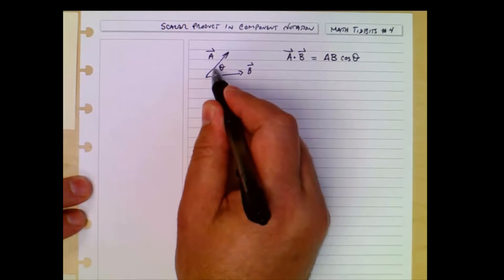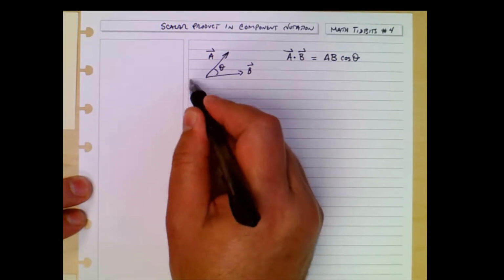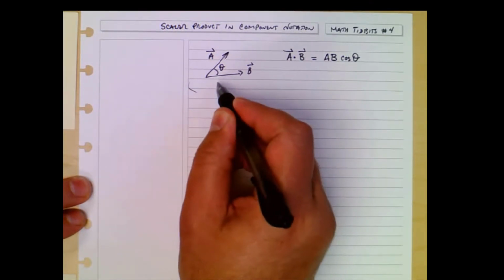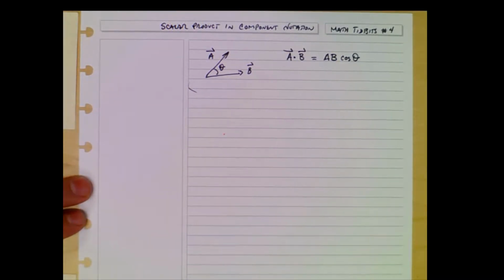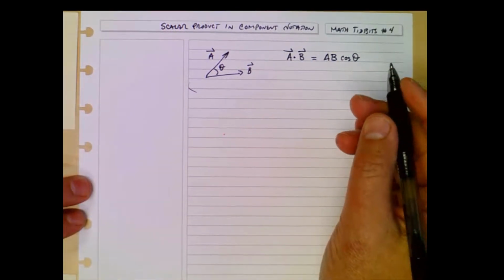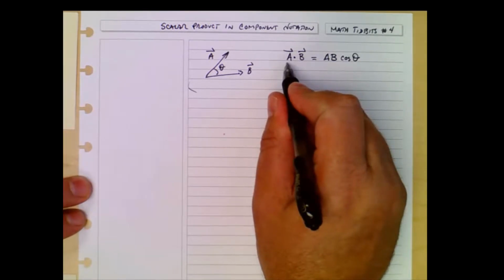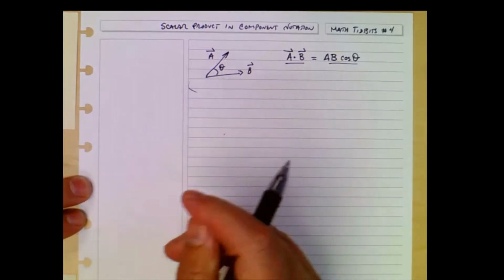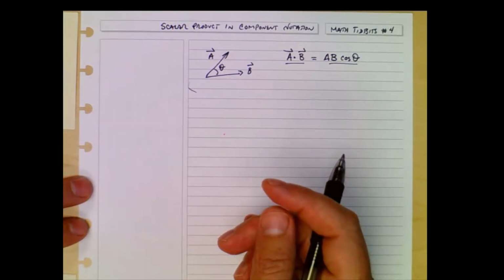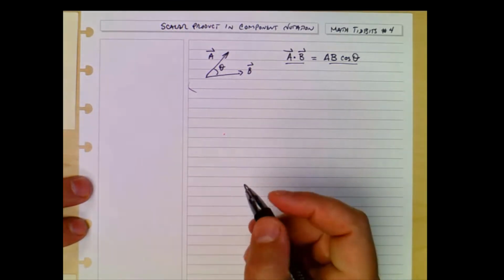You could measure the angle between A and B here, or all the way around here, and the smaller one is the one that we need to deal with here. So that's one expression of the scalar product.